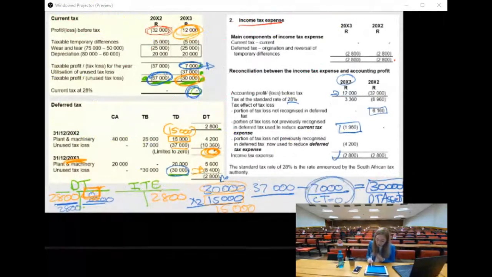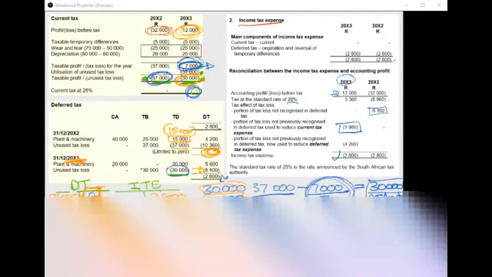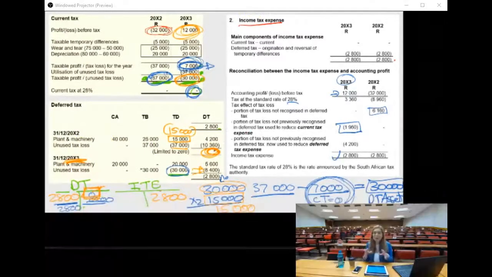So that 7,000 that we used to reduce my current tax in 20X3 was the portion taken first from the unrecognized portion of my tax loss from the prior year. And then the remaining amount, 4,200, is what was used to decrease the deferred tax expense, to decrease the deferred tax movement in the current year.